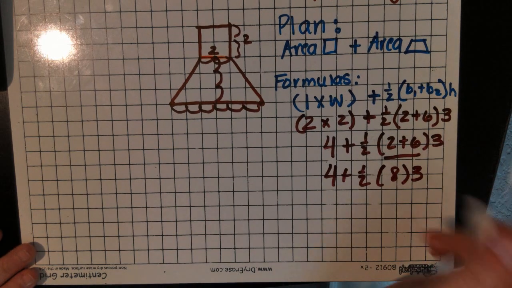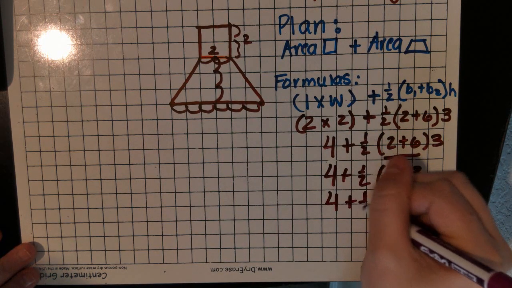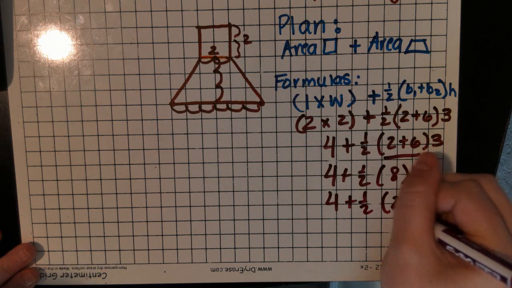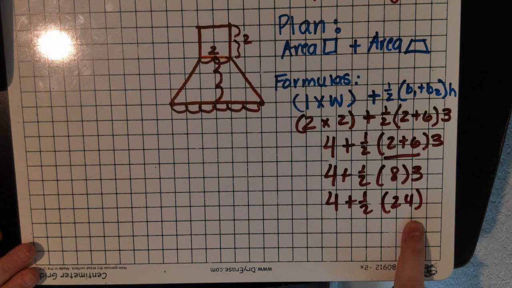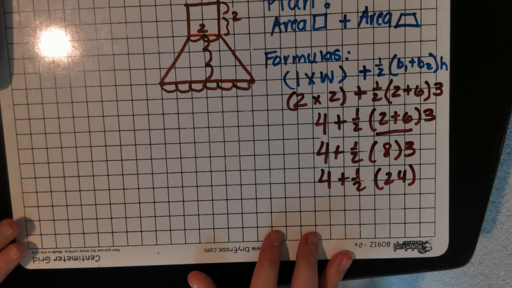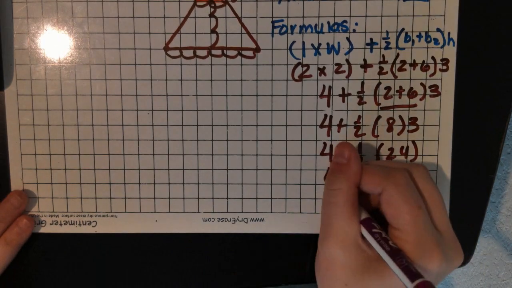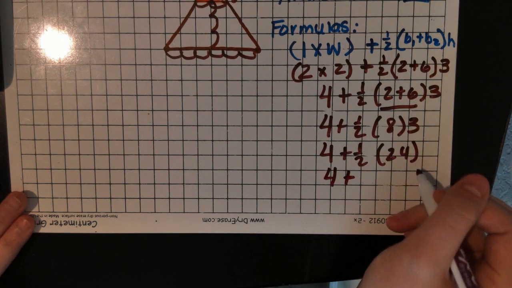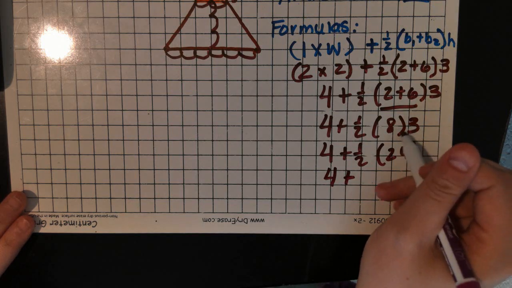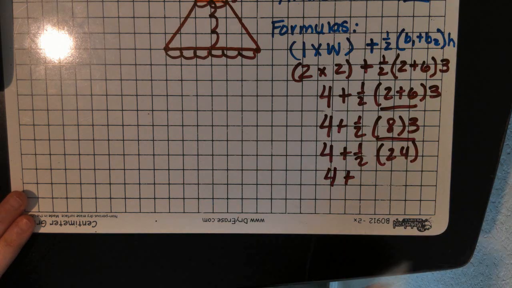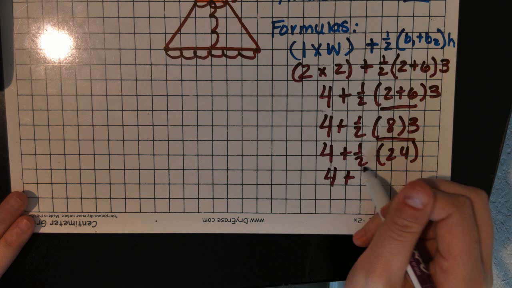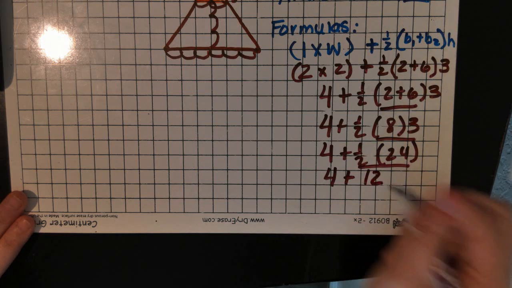What's 8 times 3? Which is 24. Now when I half 24, that's really dividing by 2. I'm going to move this up a little bit. So I've got half times 24. Sorry, let me underline that step I did. Now I'm going to half the 24, which is 12.